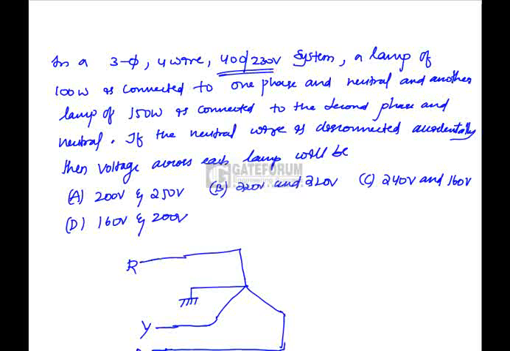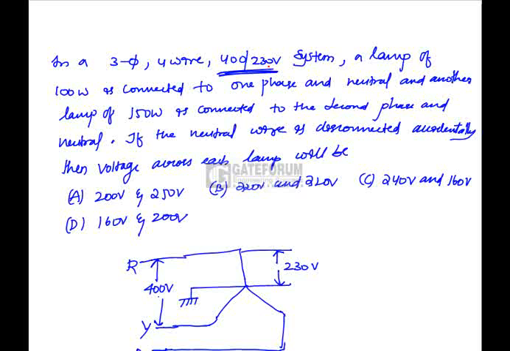He has given a line voltage of 400 volts and a line to neutral voltage of 230 volts. Line voltage is 400 volts, phase voltage is 230 volts. That is what this representation means.